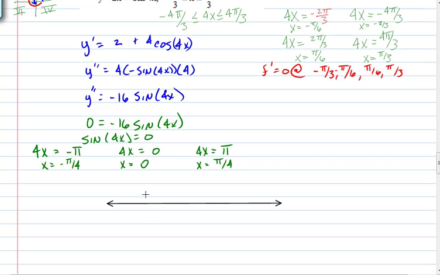So that's going to be negative infinity to negative pi over 4, negative pi over 4 to 0, 0 to pi over 4, and pi over 4 to infinity. It's not infinity. Our graph doesn't go to infinity. Where does it go to?